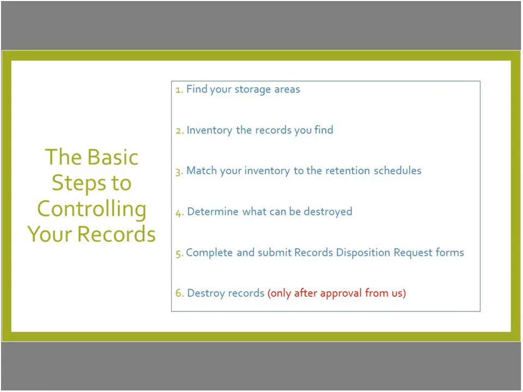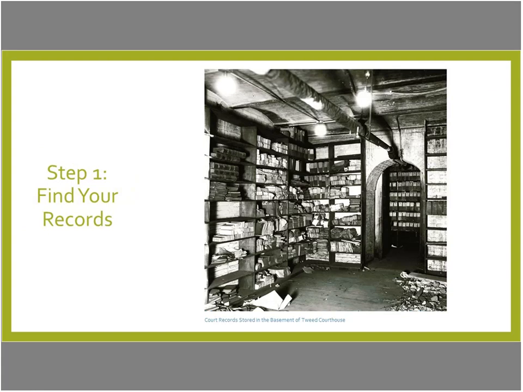So let's go into this in a little bit more detail. Ladies and gentlemen, what you see on the screen right here is an actual de facto storage area for court records from 1907. This is the basement of the famed Tweed building, put in place by Boss Tweed, one of the most famous corrupt politicians of all time.